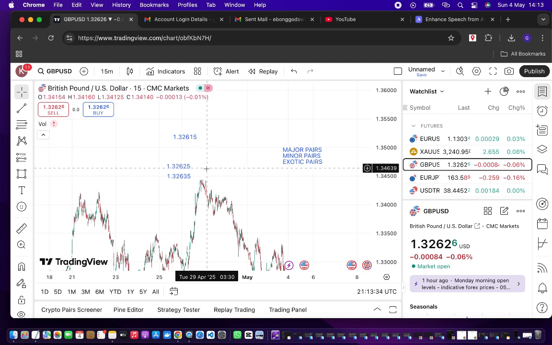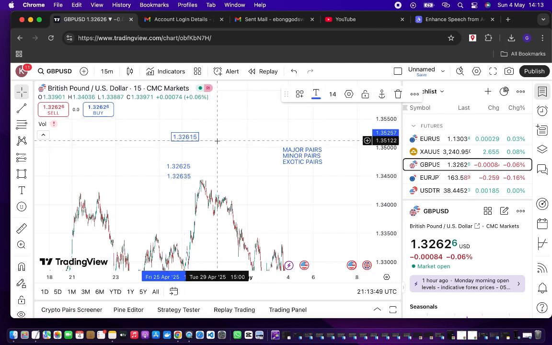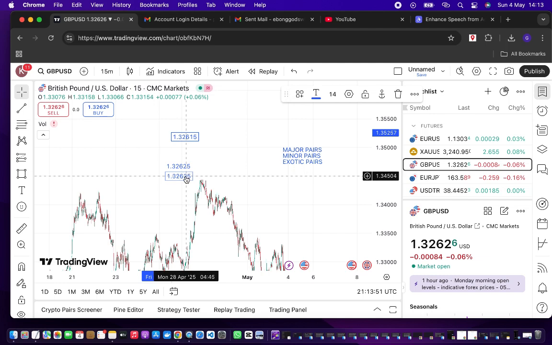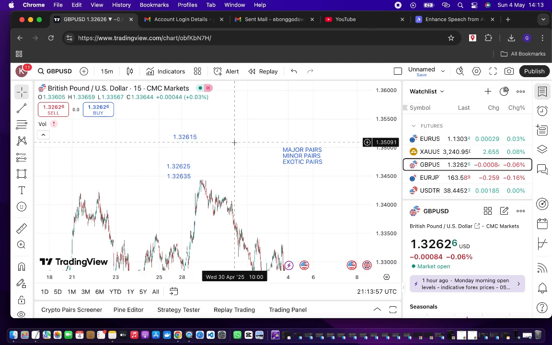Remember I said we pay attention to the fourth number after the decimal point. So if we subtract 1 from 2, which is the fourth number after the decimal point, we have the new market value, which is 1.32615, which is a 1 pip decrease. And we also have the second market value, which is a 1 pip increase. So that's it for GBP/USD.